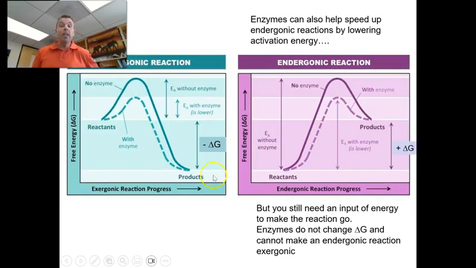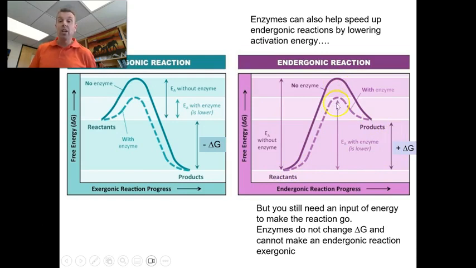Now, that doesn't mean it can't help speed up an endergonic reaction. So here's the lowering of the energy of activation of my exergonic reaction. An endergonic reaction can still have an energy of activation on its way from reactants to products. And an enzyme can lower that and help speed that up. But there still needs to be an input of energy to get over this positive delta G. Because by lowering this energy of activation, I still have not changed the energy of the reactants or the products.